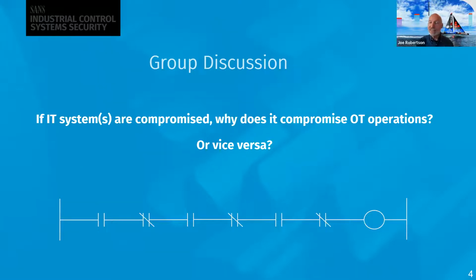But one good example of where an IT compromise broke down operations is the Colonial Pipeline problems of last year, where they had to shut down the pipeline in the United States for 5 days, 6 days, something like that.